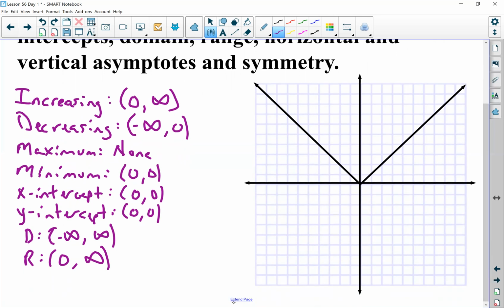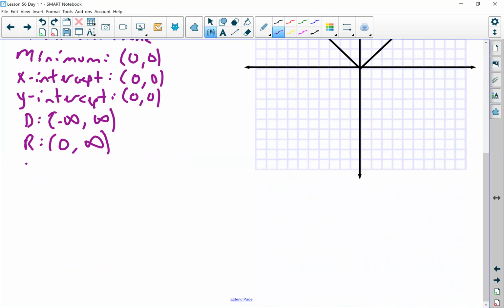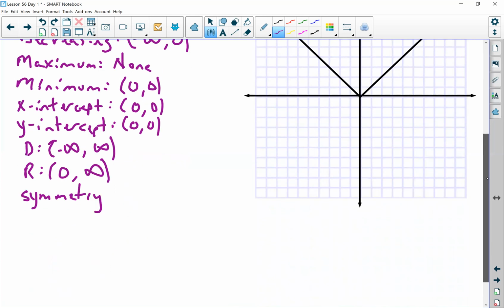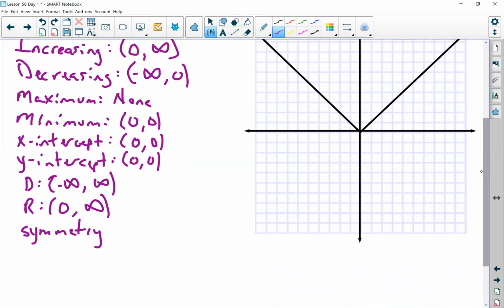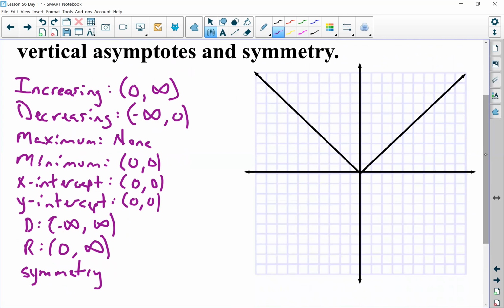The symmetry, though, if I plug in, well, I think you can see it here, but if I plug in 1, I get 1. If I plug in -1, I also get 1. This is an even function.